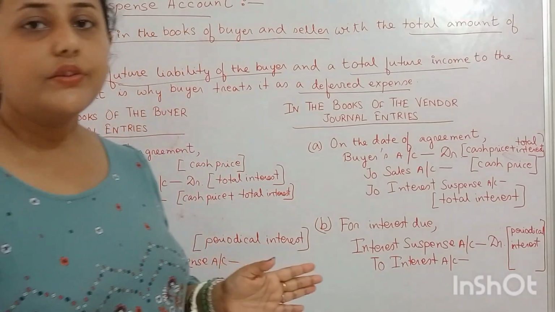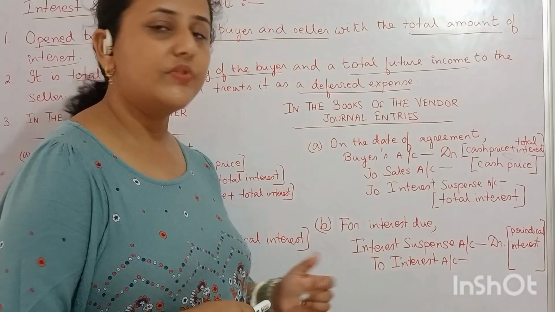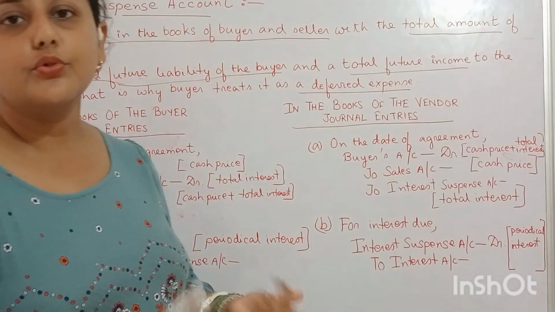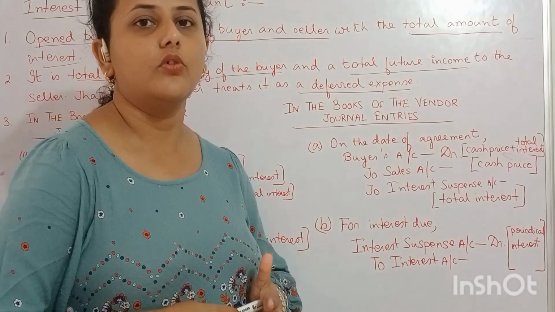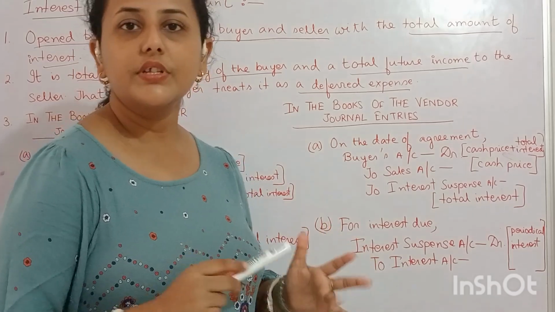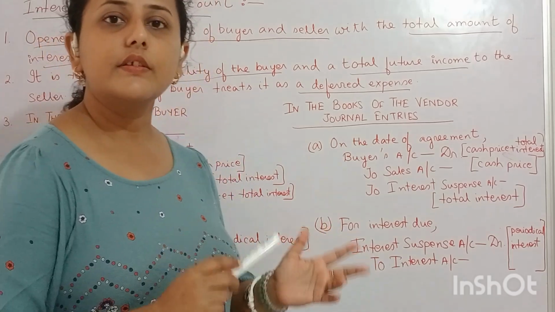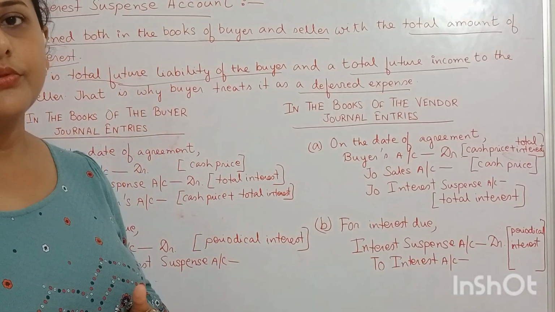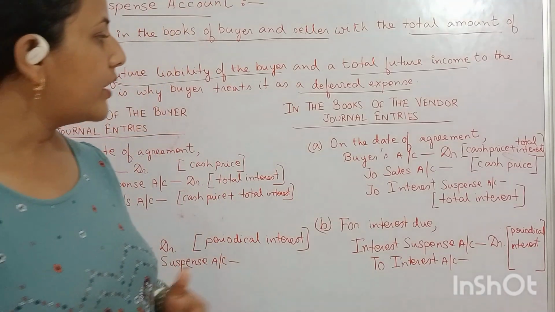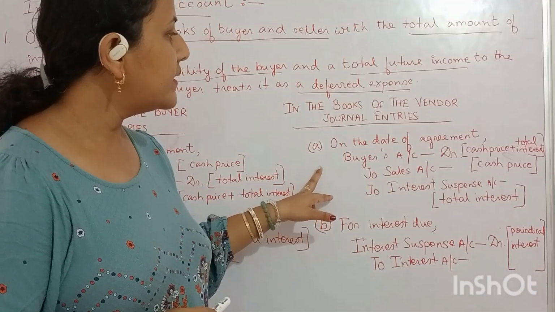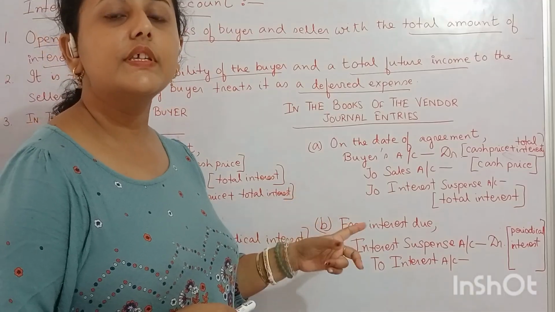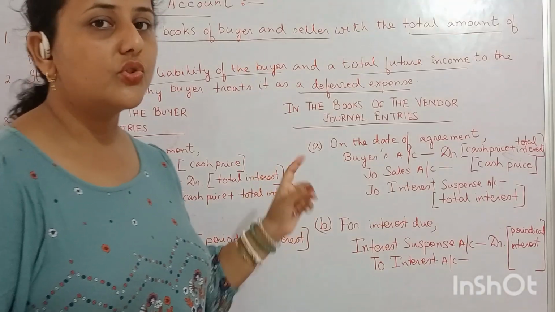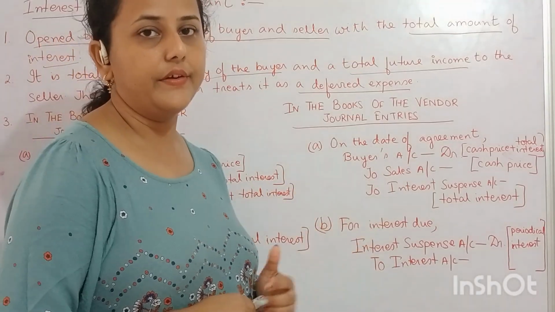Now there is no matter of depreciation in the books of the vendor, yes or no? So this interest will be transferred to statement of profit and loss account. Interest account debited to statement of profit and loss account, the final entry. So on the date of agreement, this entry and for the receipt of down payment amount will be passed only once in the books of the vendor.